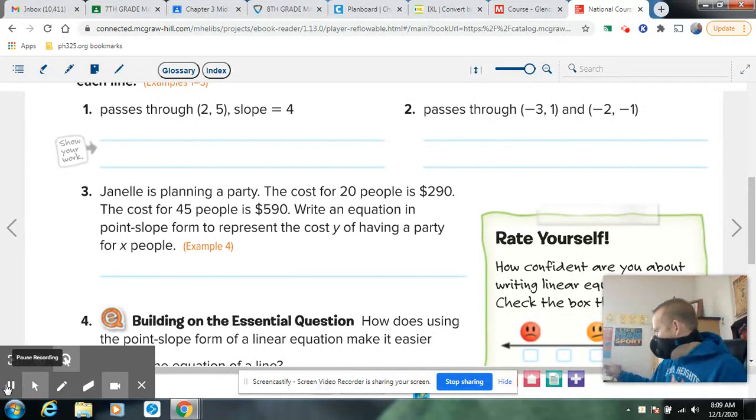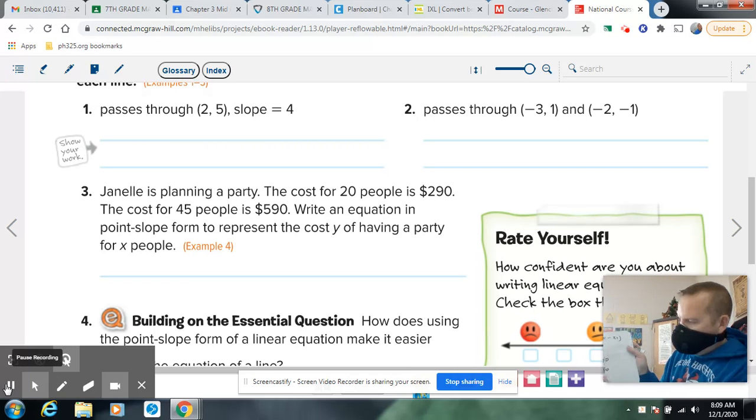All right, I'm back. So step number 1, we have our two equations because it says write an equation in point slope form. Again, there's point slope form, right? So the first thing we have to do is find our slope. So we have to stack them and subtract them. So I'm going to put on my paper 20 comma 290 and 45 comma 590. 290 minus 590 goes on top.